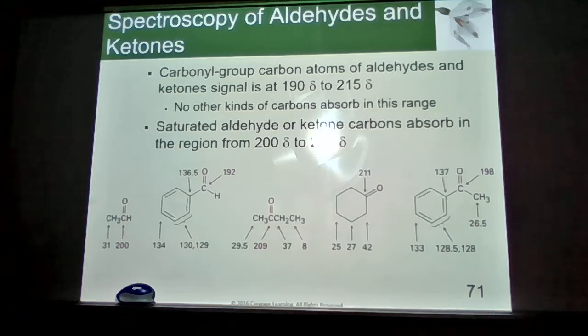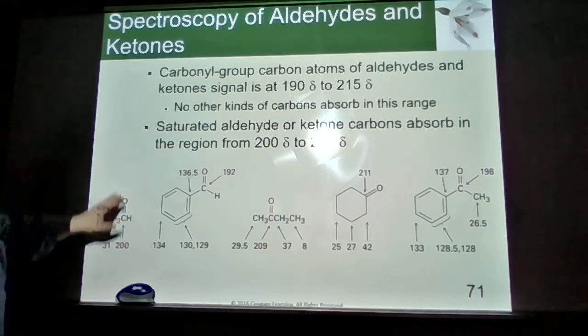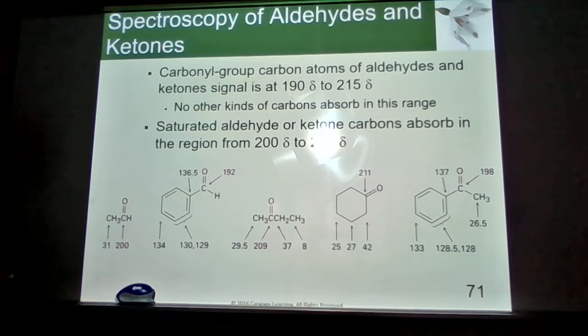Carbon 13 NMR. Generally, your C double bond O's are somewhere about 190 to 215. There are no other carbons that appear in this range unless they're a carbonyl. Saturated aldehydes or ketones absorb above 200. So acetaldehyde 200.